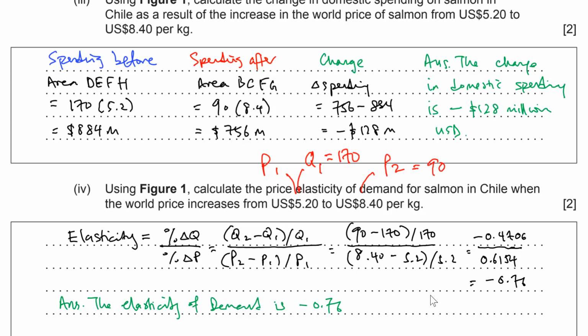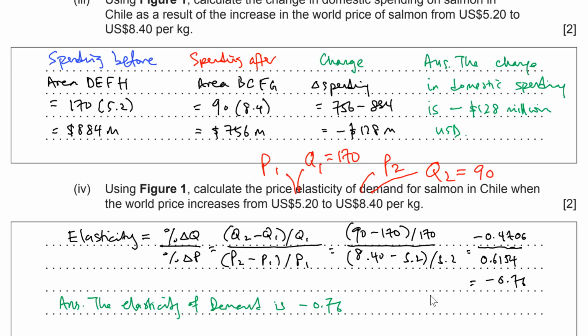Okay, so now we've got P1, which is $5.20, Q1, which is 170, P2, which is $8.40, and Q2, which is 90. So we just substitute those values into the formula.